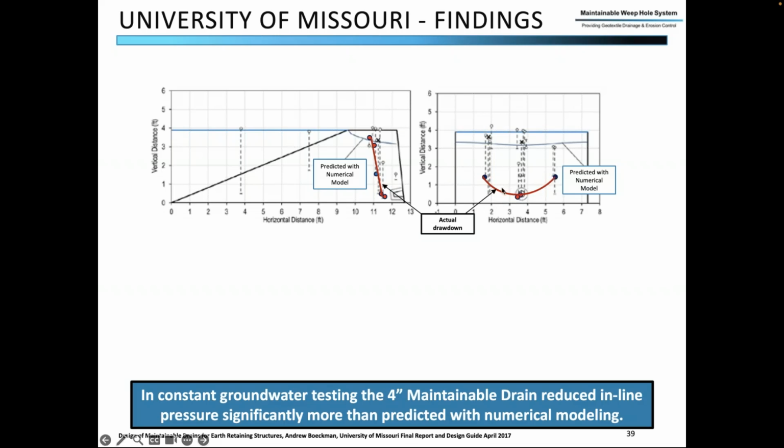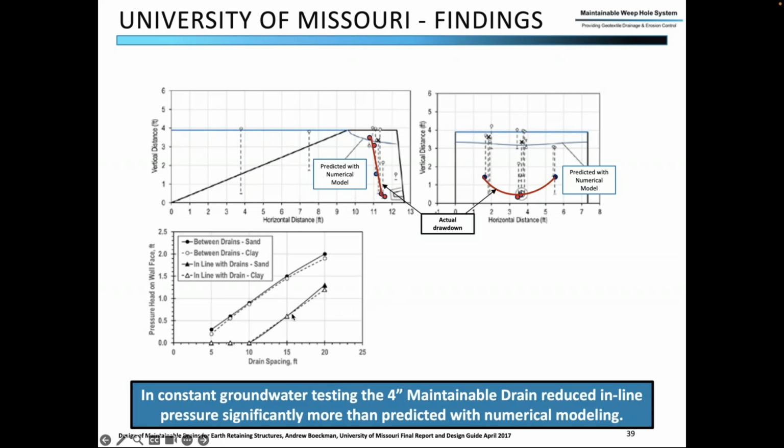And then they were able to measure that further out, the water pressure increased, so that they were able to model that if units, and this is a 4-inch unit, are spaced 5 to 10 feet apart in this scenario, they will maintain 0 pressure at the unit, but there will be pressure between the units.